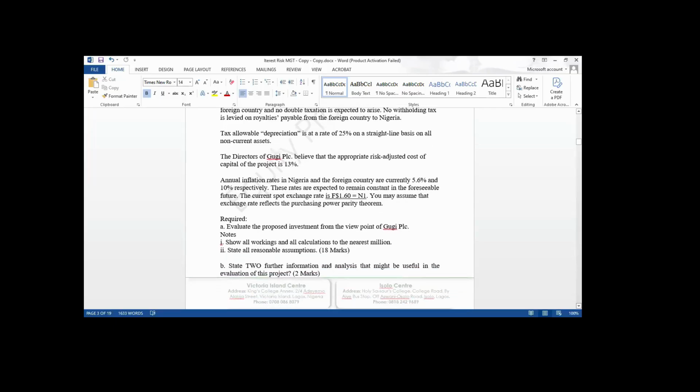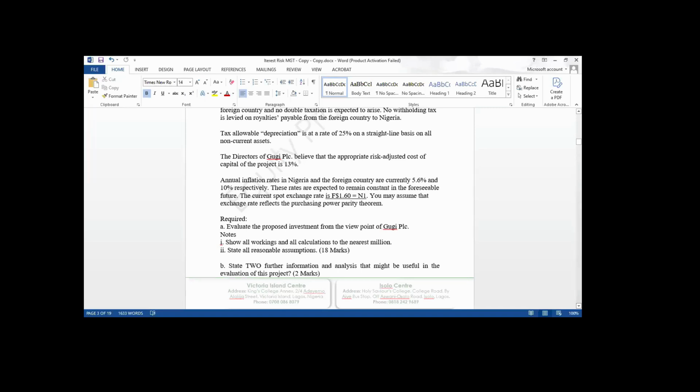Annual inflation rates in Nigeria and the foreign country are currently 5.6% and 10% respectively. These rates are expected to remain constant in the foreseeable future.